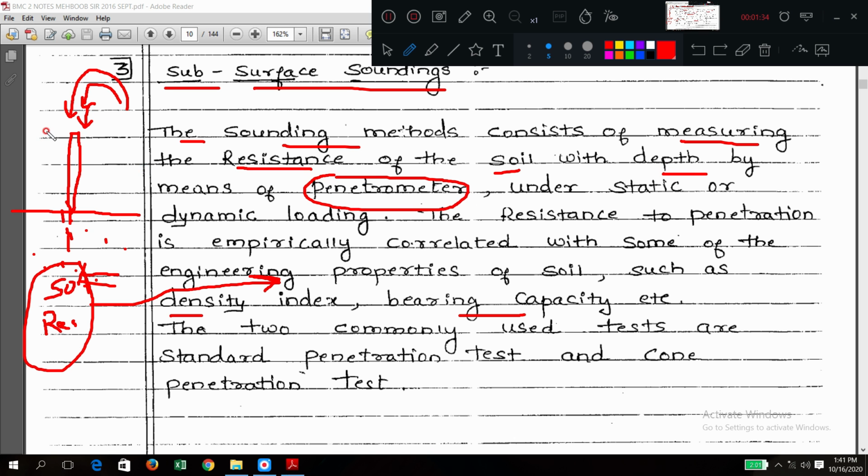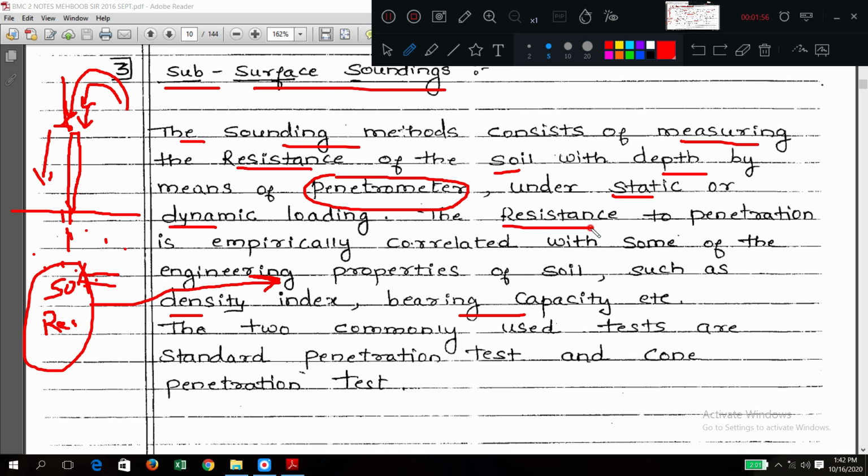Penetrometer is one device which goes inside the ground, under static load or dynamic load. Static means the load value is constant. Dynamic load means the load value changes with respect to time. That is static and dynamic.